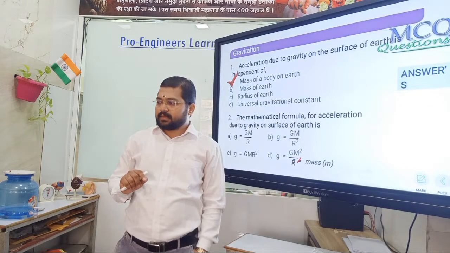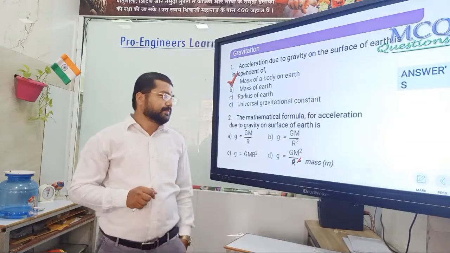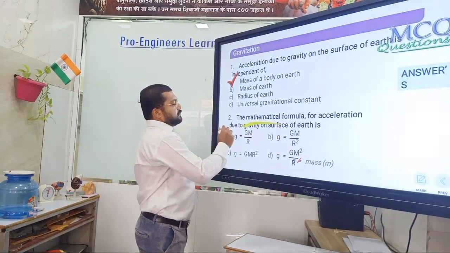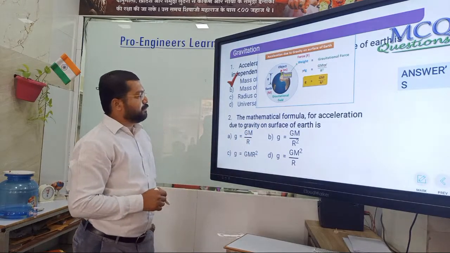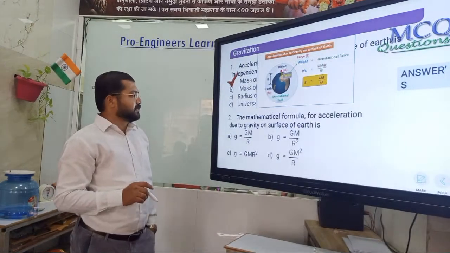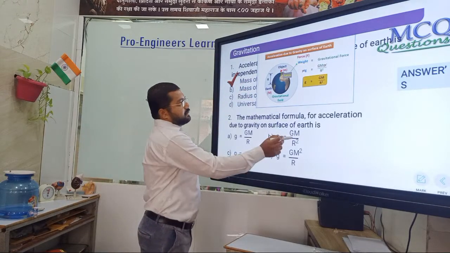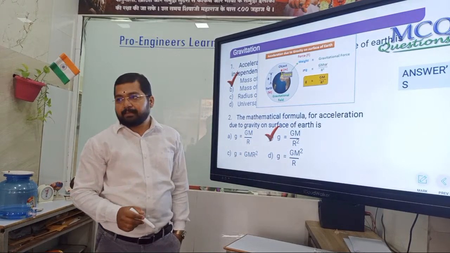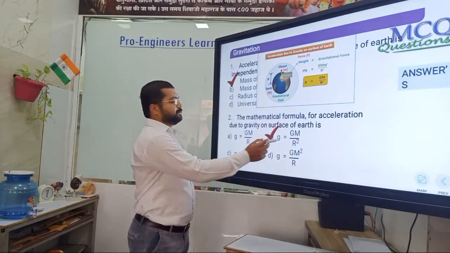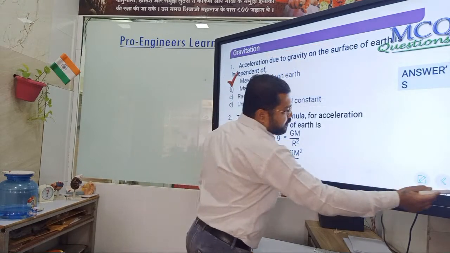If you remember, every time we have cancelled out small m. So pay attention. Second, the mathematical formula for acceleration due to gravity on the surface of earth is g is equal to capital G M upon R square.